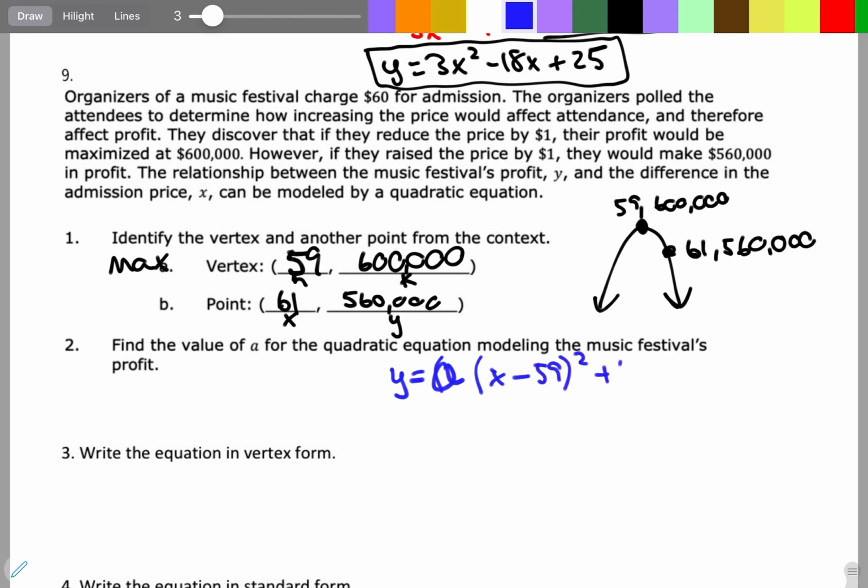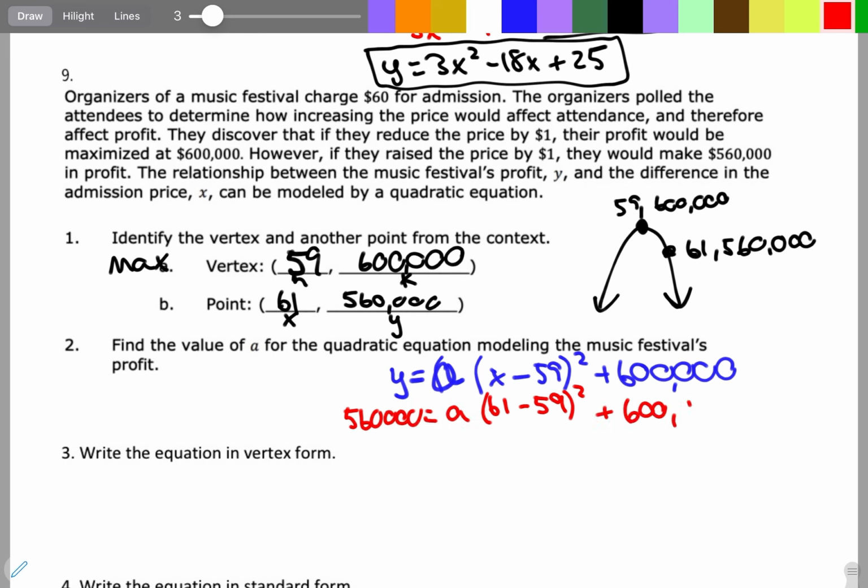So we put 61 here. And then we put 560,000 here. And this is going to help us solve for a.